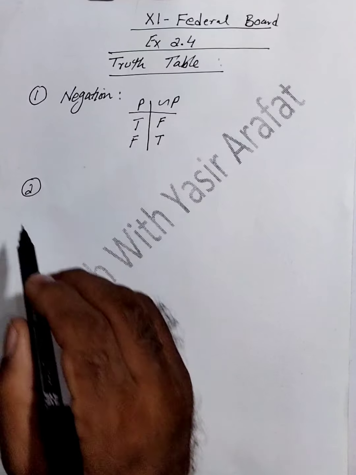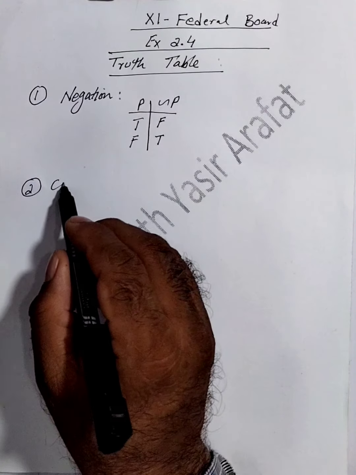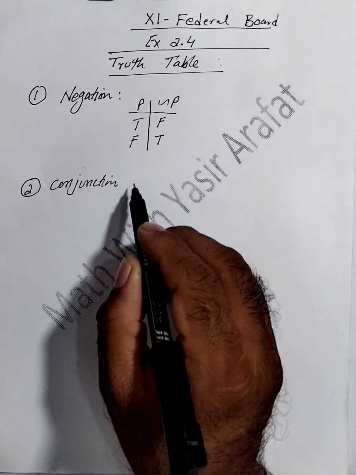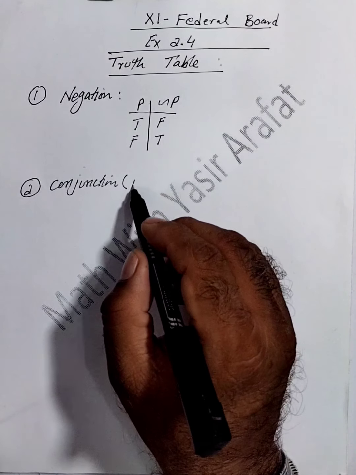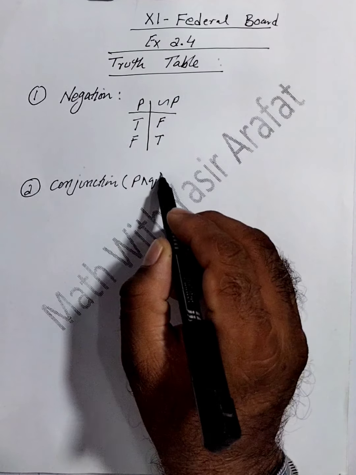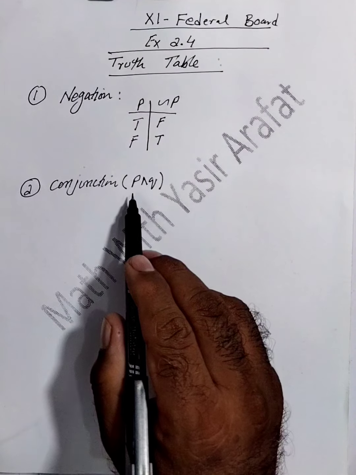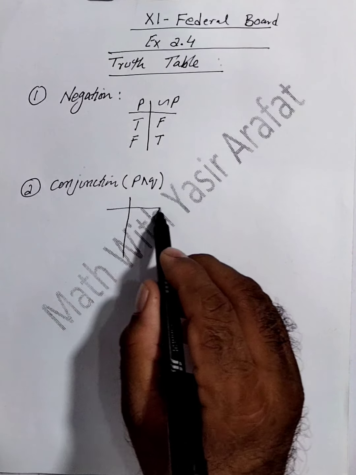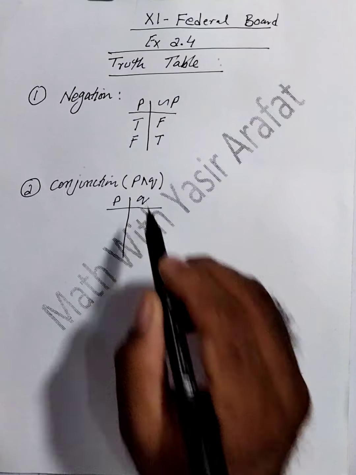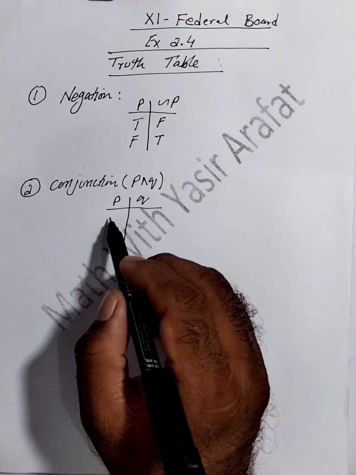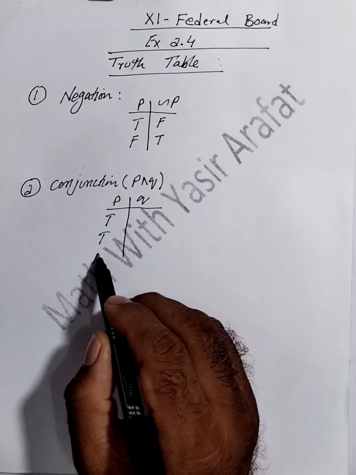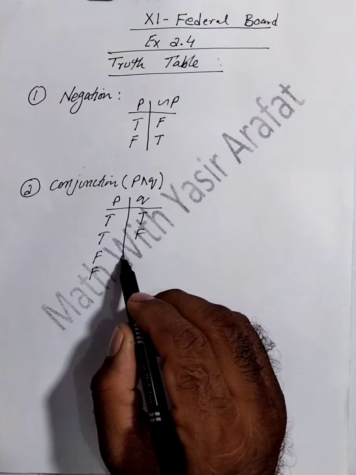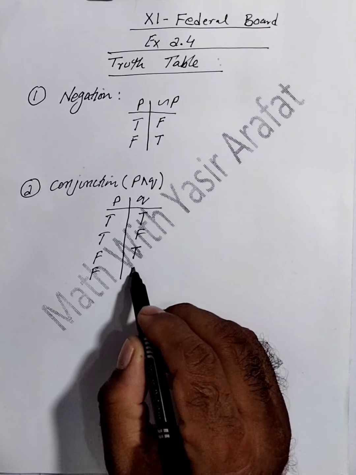Now, the second statement is conjunction statement. Conjunction statement means P and Q. We have two statements here, P and Q. This is P and this is Q. True, true, false, false. True, false, true, false.